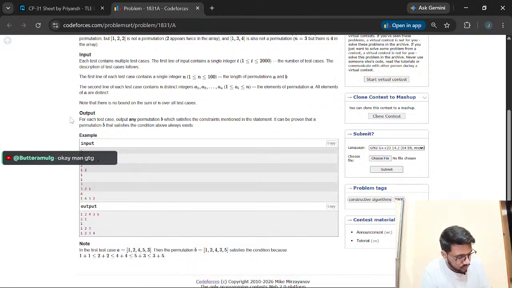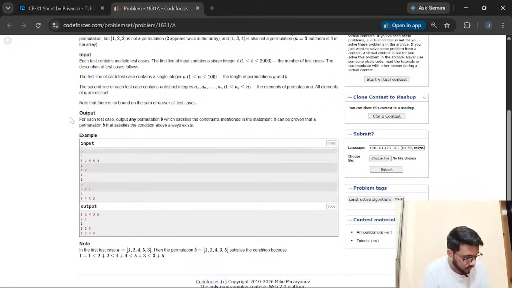One, two, four, five, three. Right. One, two, three, five. How can I change this? Let me take the fourth index. One, four, three, two.